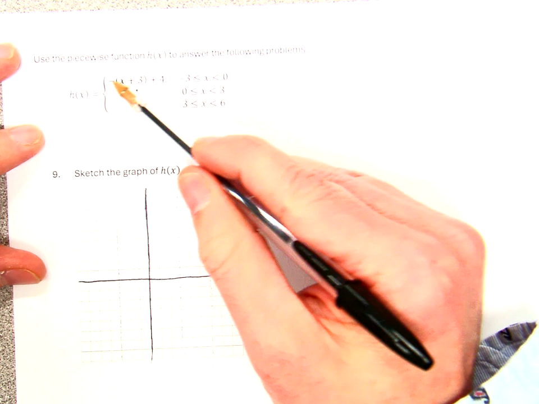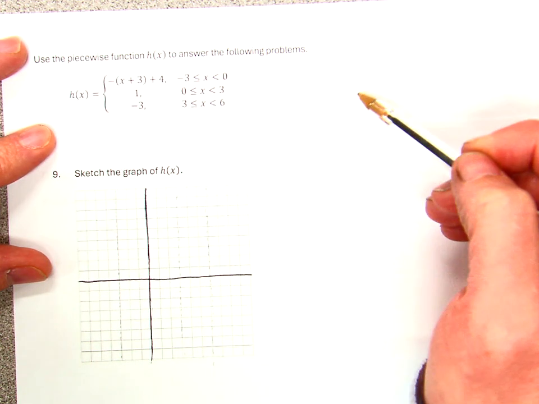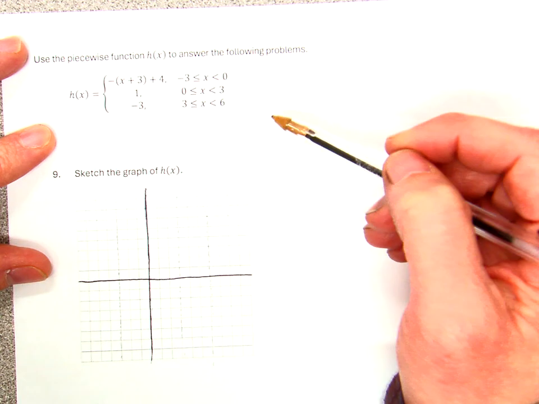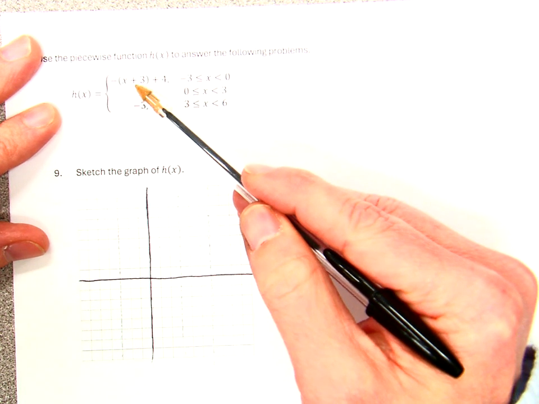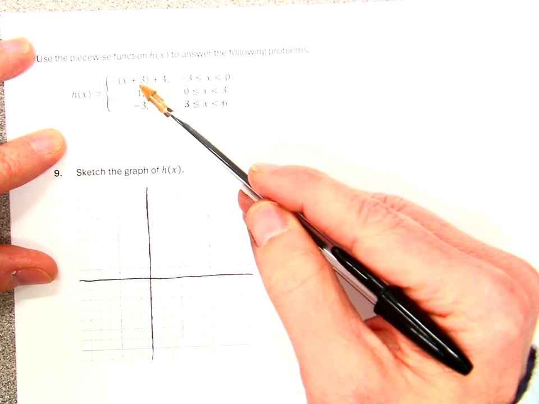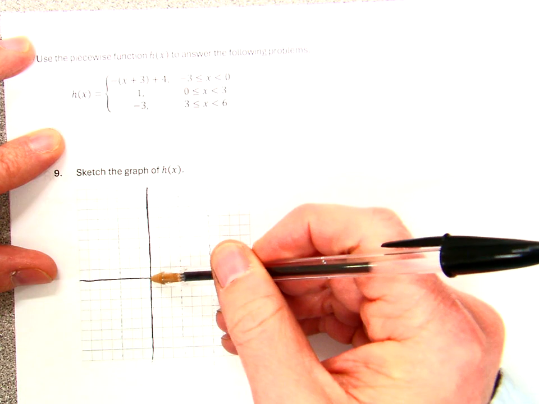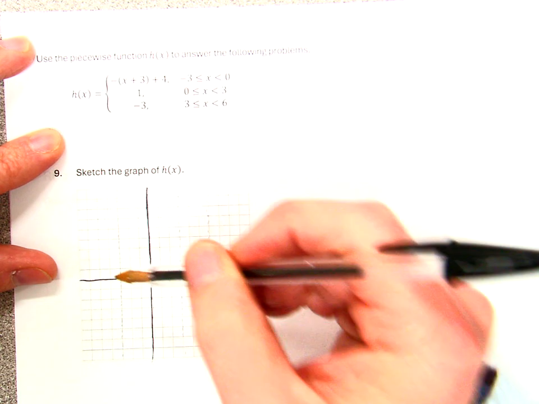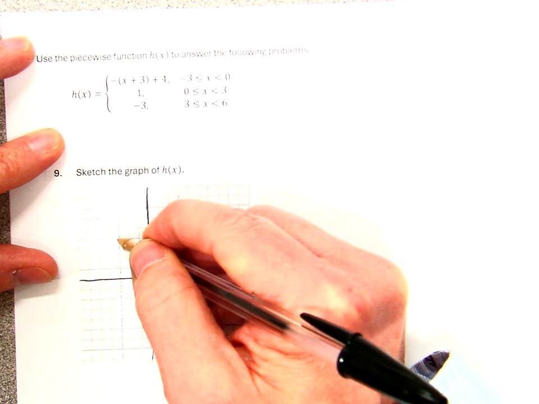If you're not sure, you could always distribute the negative, combine like terms, put this into y equals mx plus b form, and then come back over here and graph it. You could do that. But the way we were shifting it was, remember, backwards from the way you see it. So this would be taking a shift to the left 3 units, up 4 units. So left 3 units, 1, 2, 3, up 4, 1, 2, 3, 4, places my point here.